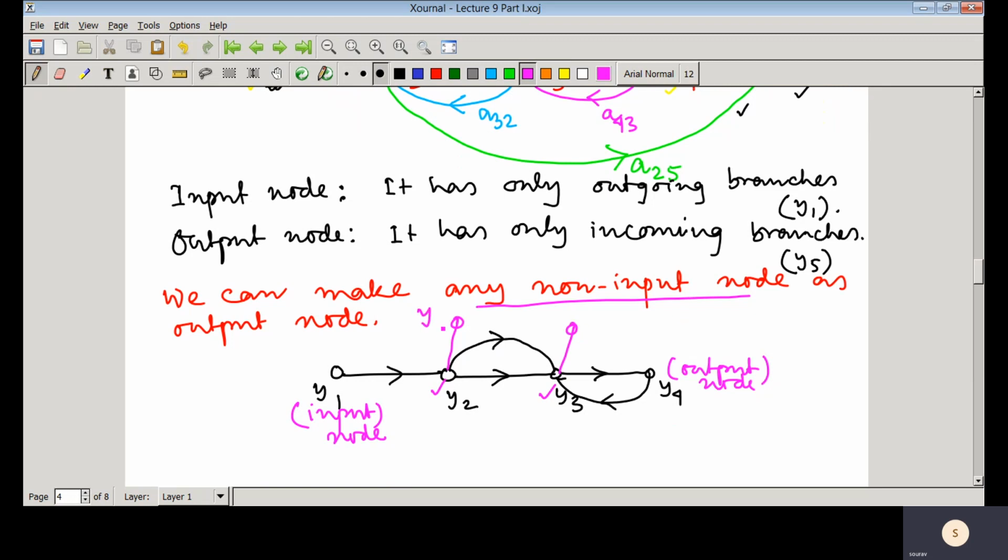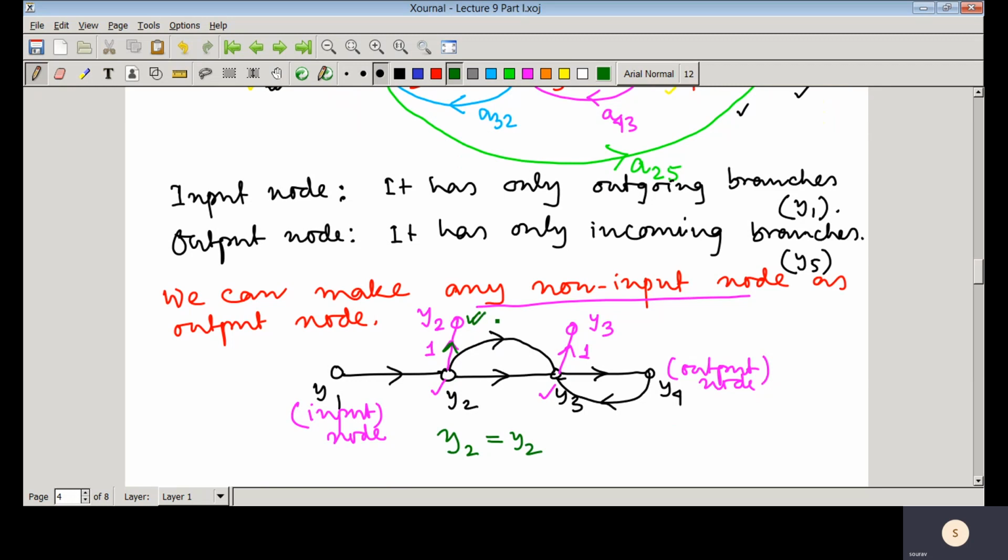How? We can write that this is Y2 and this is Y3, the signal is flowing like this and the gain is 1. If the gain is 1, applying signal flow graph algebra, Y2 equals Y2, because the signal is flowing from this direction to that direction.